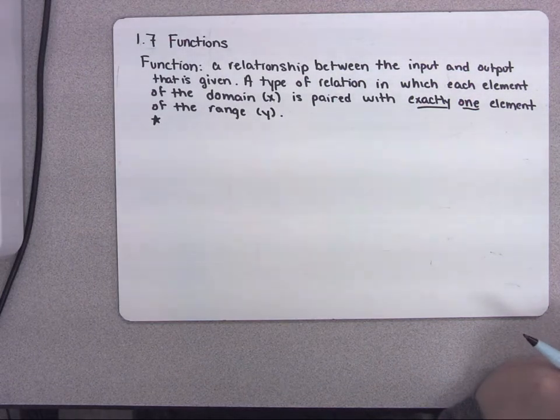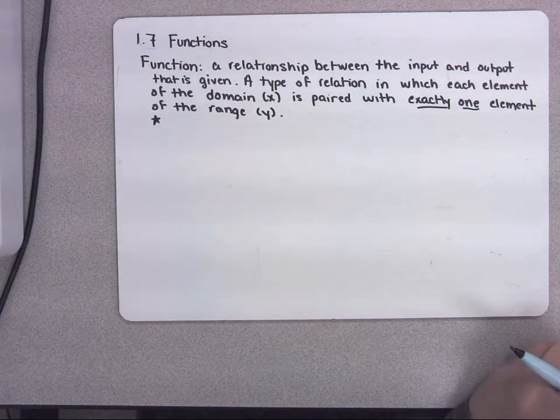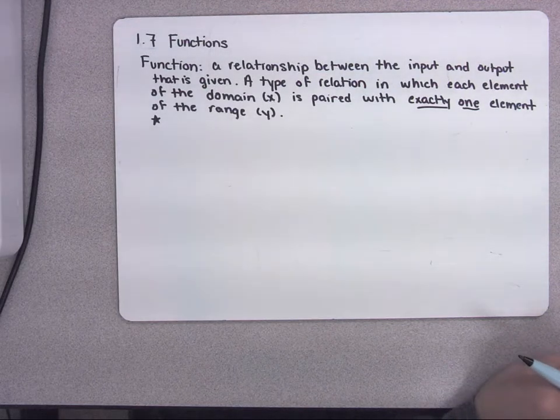What do you think that means? That means somebody can never happen more than once. Who do you think we're saying can only happen once? The x's or the y's? Read the sentence. The domain is paired with exactly one element in the range. Who can't repeat, x's or y's? Jacoby? Actually, it's backwards.